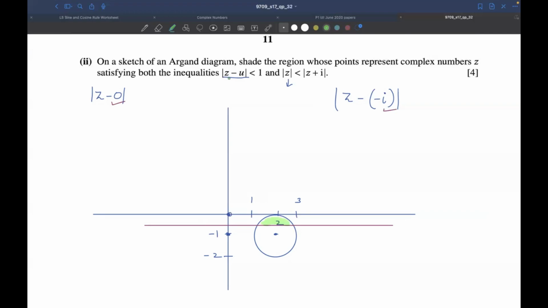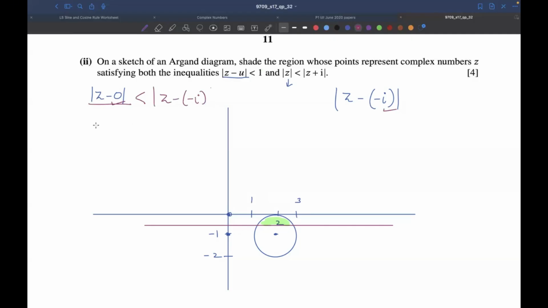Again, if we have modulus of z minus u is less than 1, it means that the distance of z from the point u is within 1 centimeter. So first we make a circle of radius 1 centimeter, and then what this means is that the distance of z from the origin is lesser than the distance of z from the point -1.